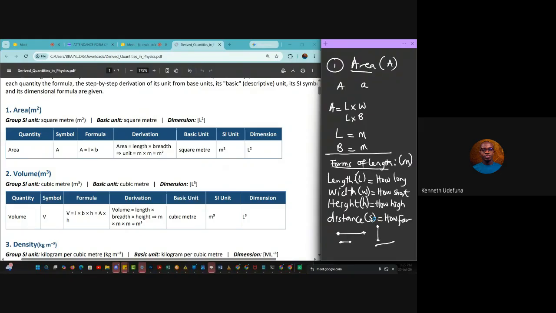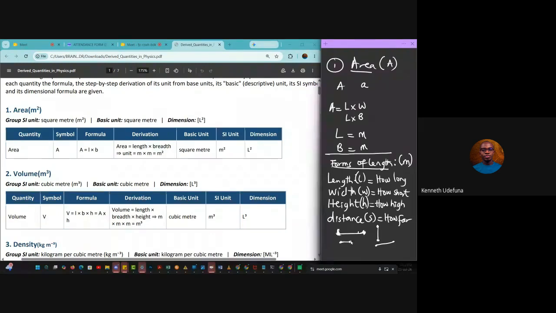And this distance, which is how far, is also measured in meter. So in general, length is anything that has 2 points apart, a starting point and an ending point. So if you are going for how long, it becomes length.